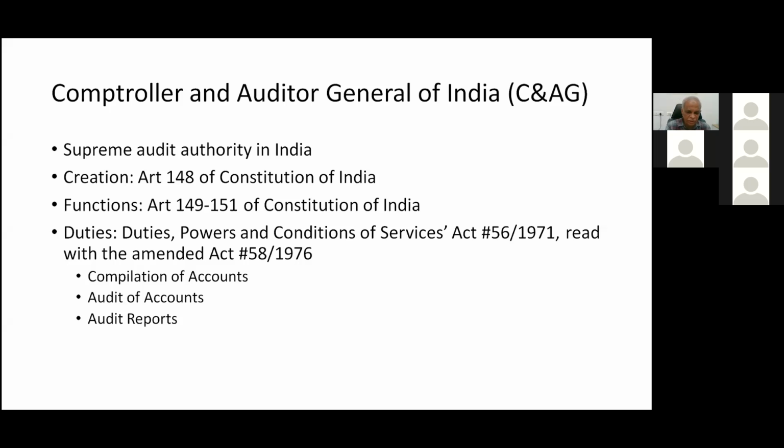While preparing these reports, they have the liberty to call for oral evidence and elicit information. They can question, and they can take written answers. These powers are there with them. So this is how it will be done.